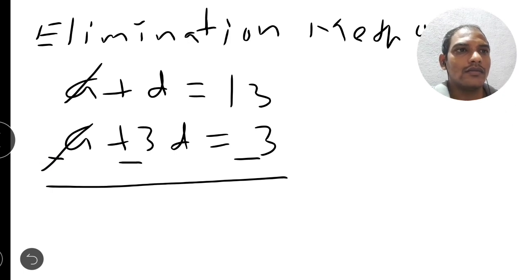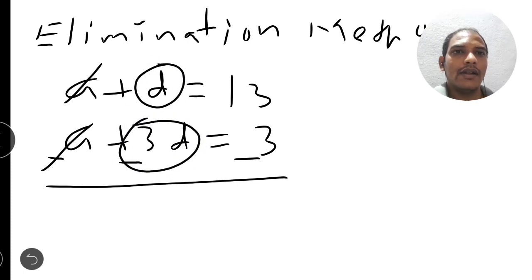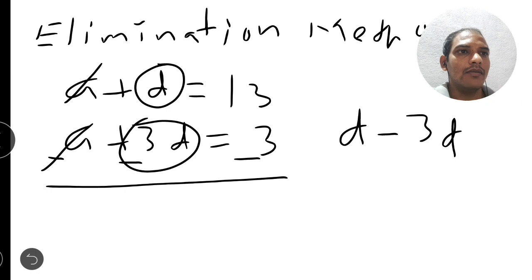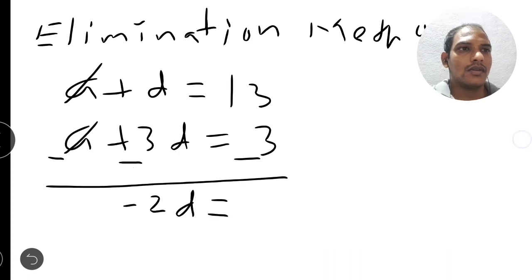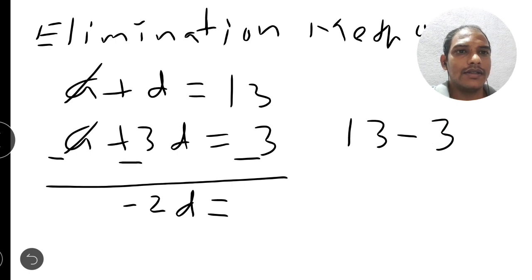Now d minus 3d is minus 2d, equals 13 minus 3. 13 minus 3 is 10.